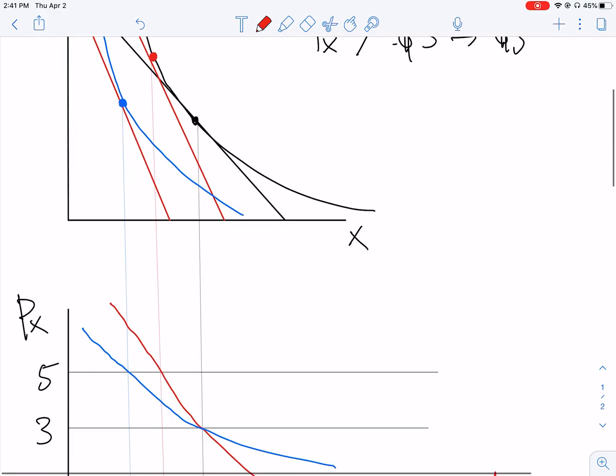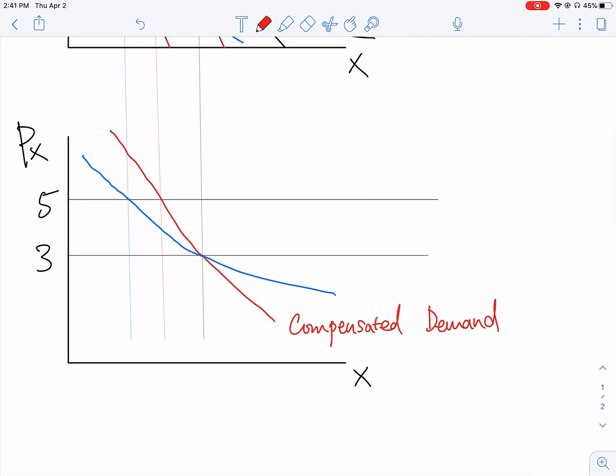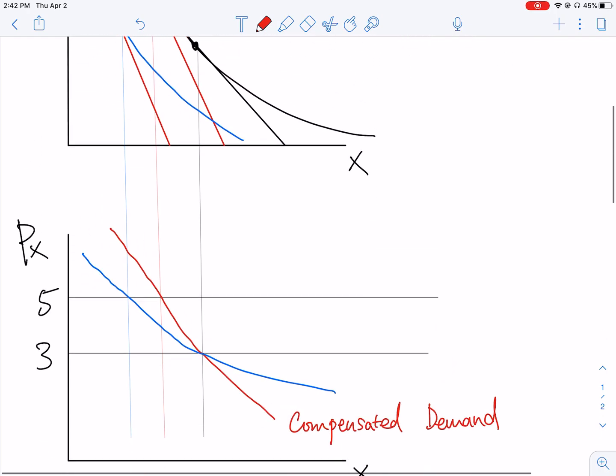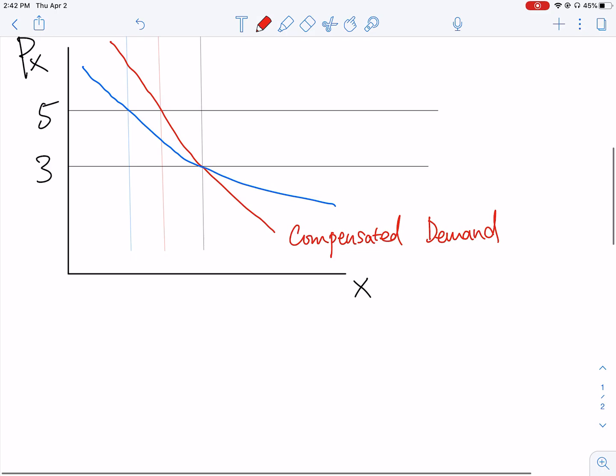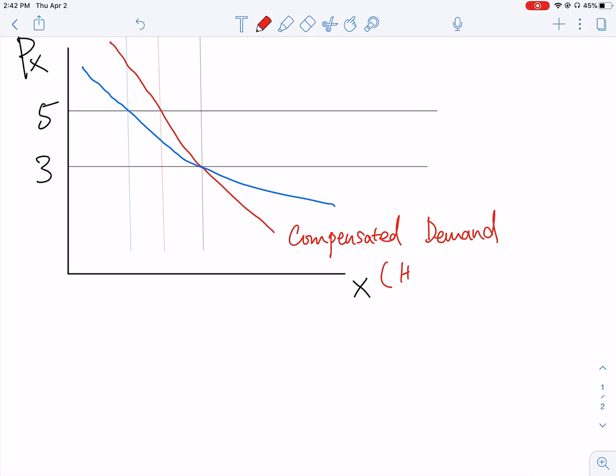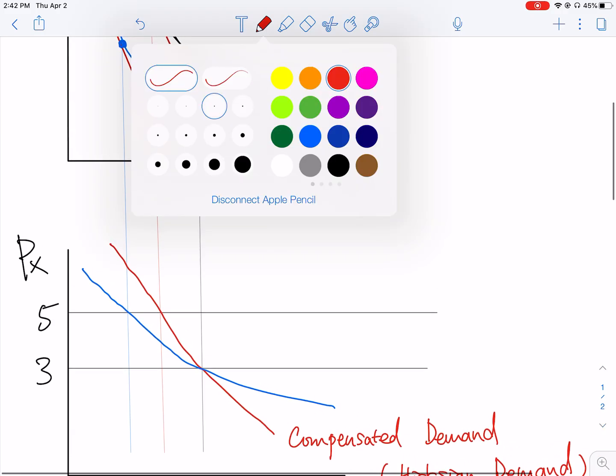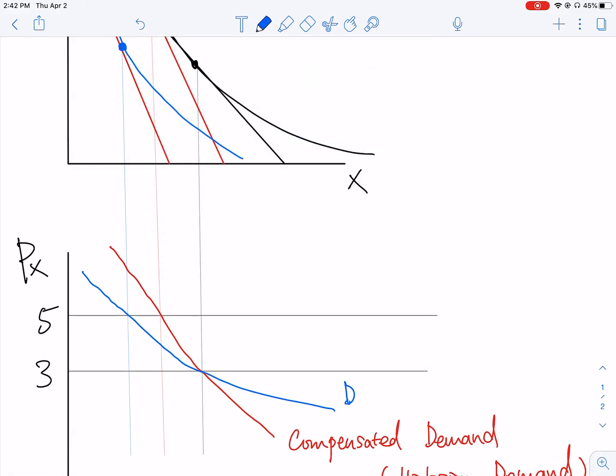So that demand curve is called the compensated demand curve. Another name for it is the Hicksian demand curve, because Hicks was the first one who thought about this. And the blue one is called just the demand curve, but sometimes it's called the Walrasian demand curve.